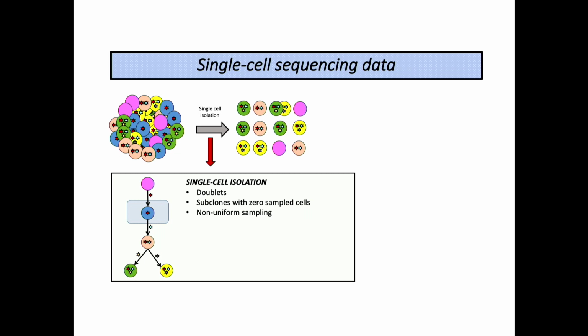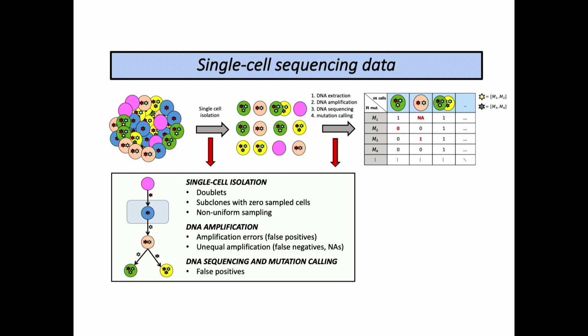So these are trivial and obvious to notice issues, but bigger issues are related to DNA amplification. Amplification errors giving you false positives are an issue, not as much as unequal amplification, especially allele drop-off, right? So there are these amplification issues creating false negatives, but there are other issues related to the evolution itself.